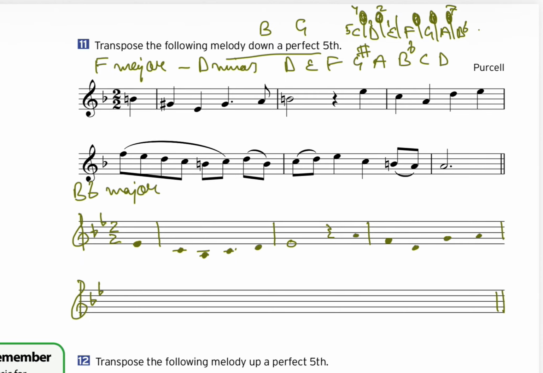Now this one we shift down to B and shift one at a time.